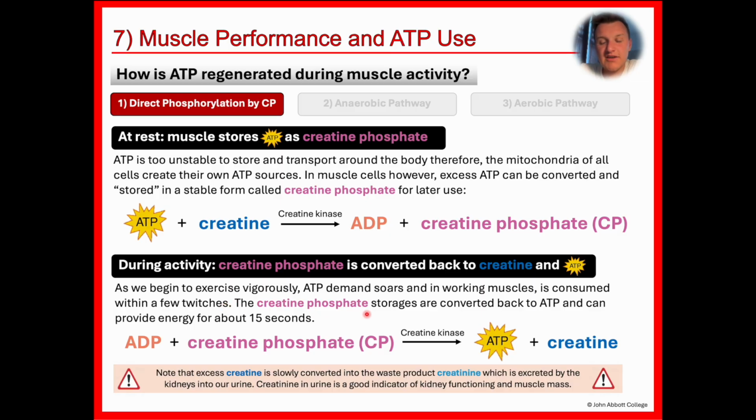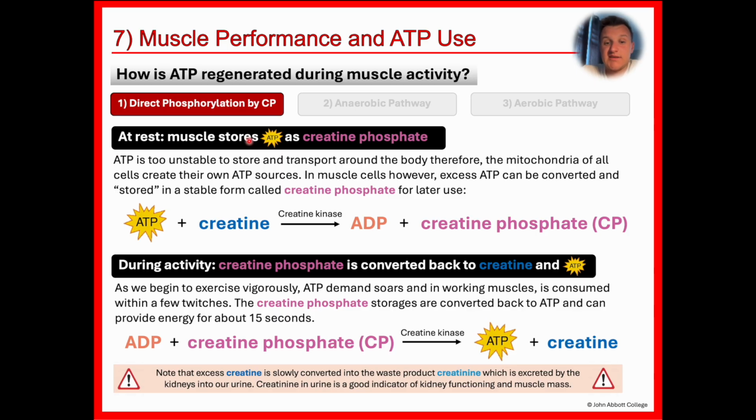So the creatine phosphate is useful because these storages are converted back to ATP and they could provide energy for about 15 seconds. So this ADP that we generated plus creatine phosphate, right? The creatine kinase will take the phosphate from creatine phosphate and put it onto this ADP molecule to form ATP, right? And therefore now this could be used during the muscle contraction.